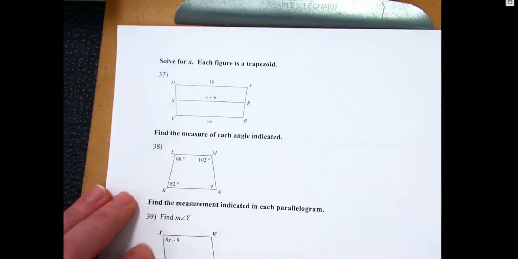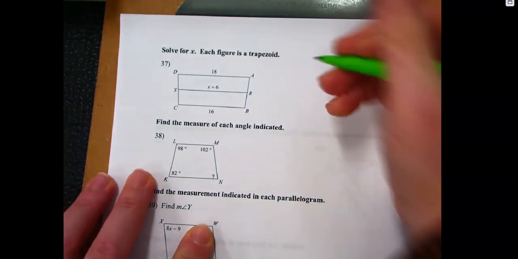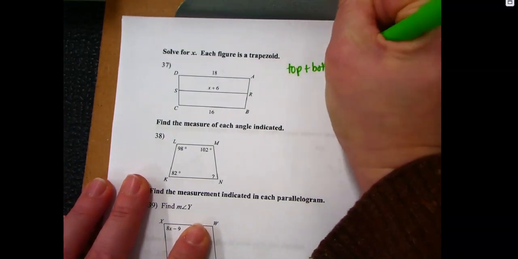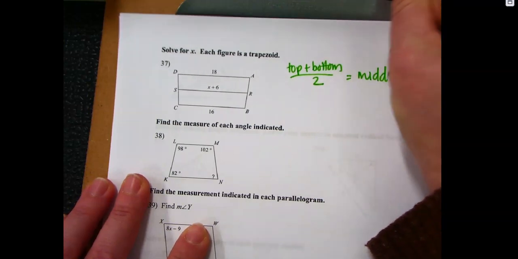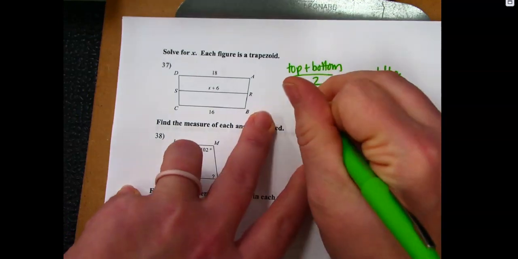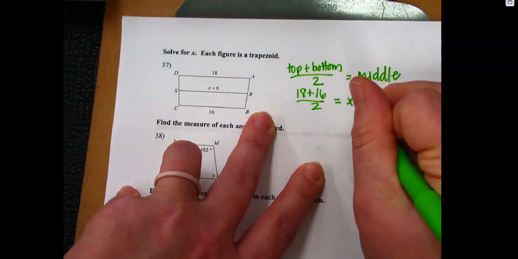37, this is a trapezoid, and you are looking for the mid segment. This is when you do top plus bottom divided by 2 is equal to the middle. Remember that? So top plus bottom would be 18 plus 16 divided by 2 is equal to x plus 6.